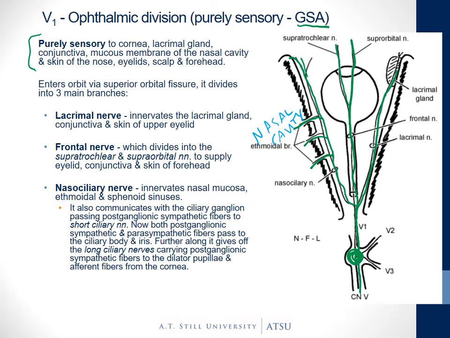All right, so V1 is going to provide general sensation around and in the orbit as well as in the nasal cavity. You know that it has three main branches, what they then innervate. So that seems pretty straightforward.